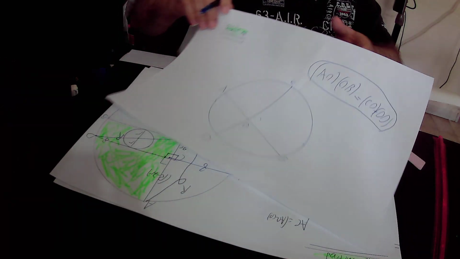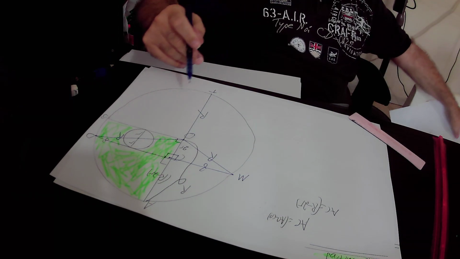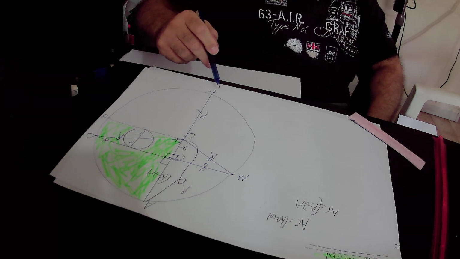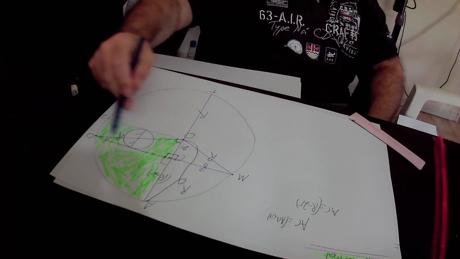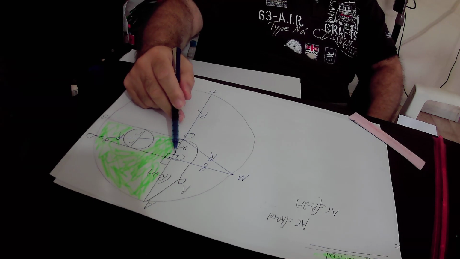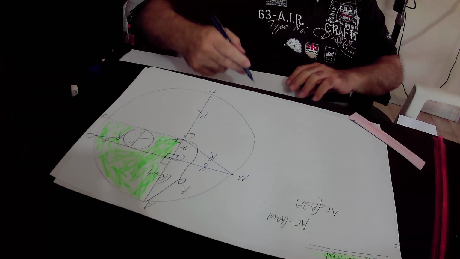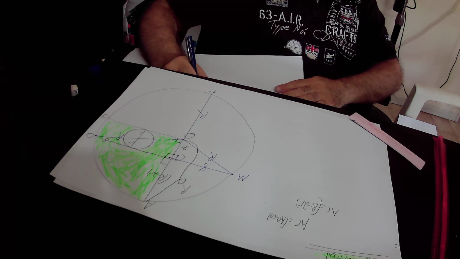We can implement rule number 11 in our drawing, because in our drawing we have chord AT that intersects with chord MD at point C. Point C is the intersection point of chord AT with chord MD. So I write it down.